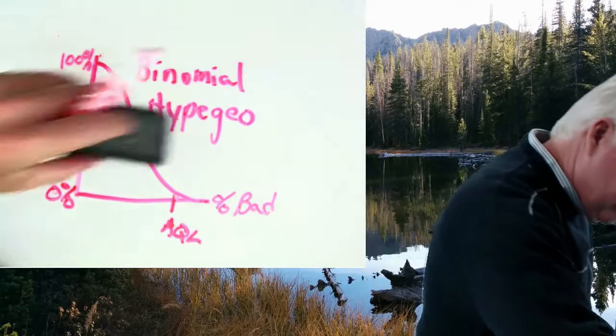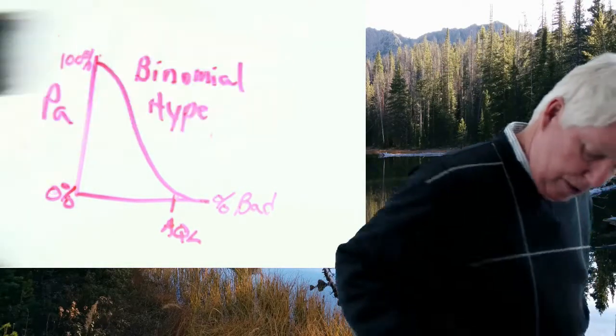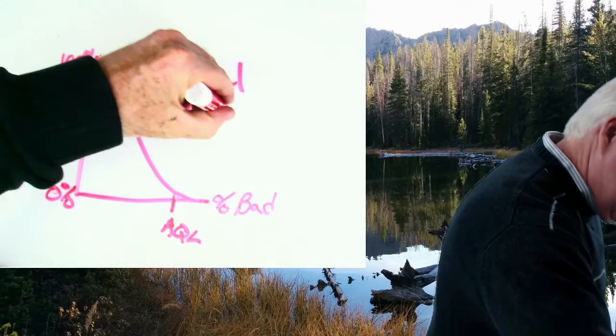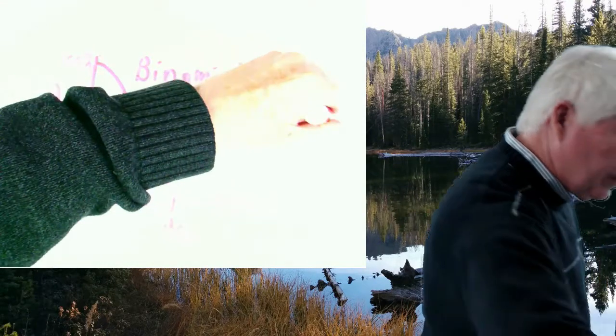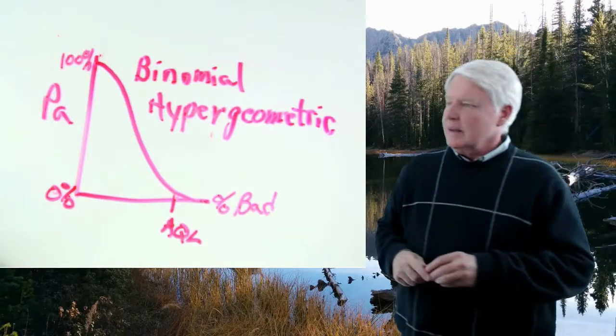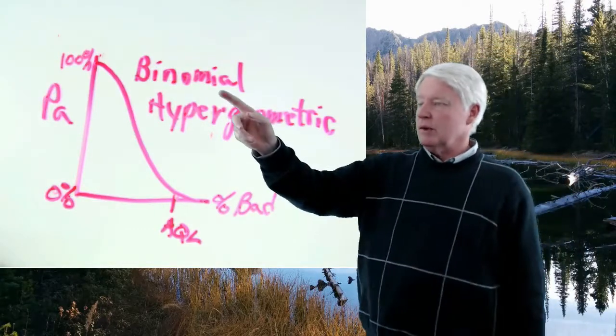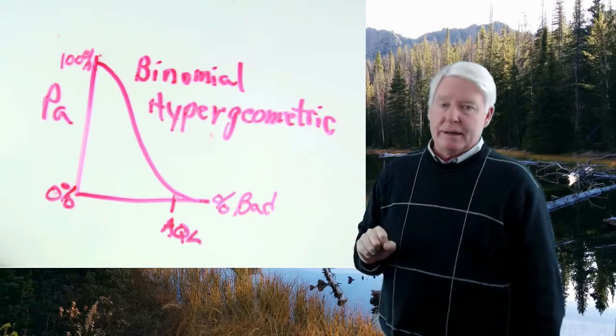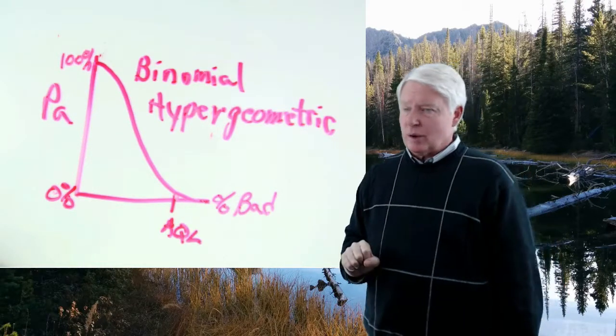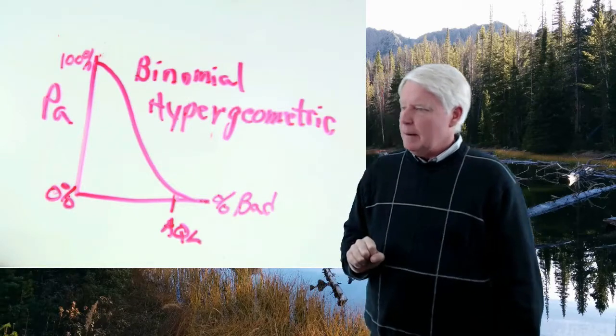So there should be an R in there. Hypergeometric. So those are the 2 curves, but it's most likely binomial. But it's going to be binomial or hypergeometric. That shows up on the test quite a bit, so keep that in mind.